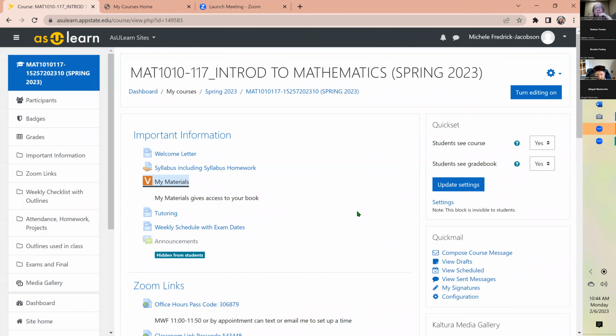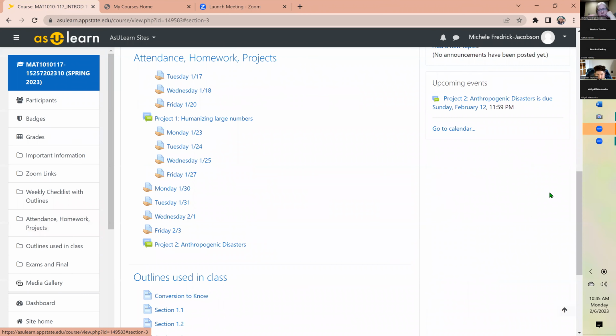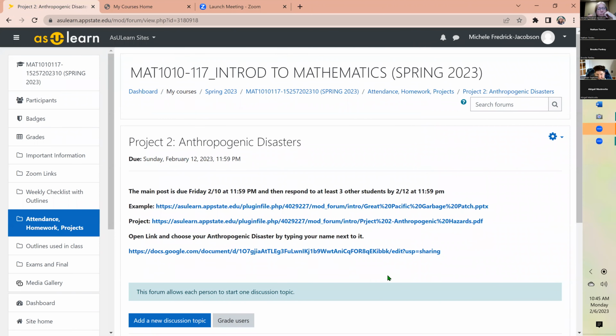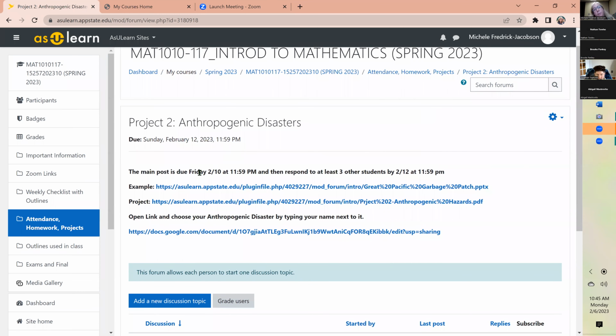That's due this weekend, I think. Yeah, so it's due February 12th, this Sunday. Actually, remember the main post is due on Friday.